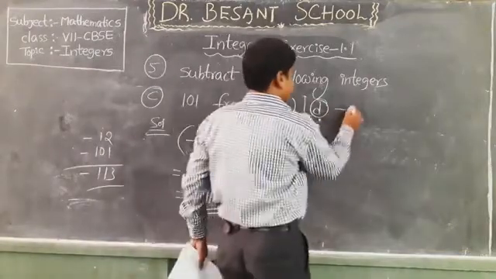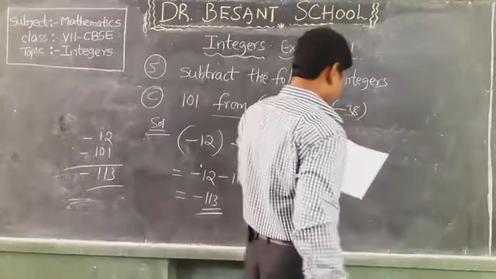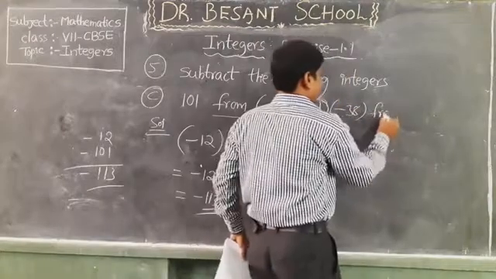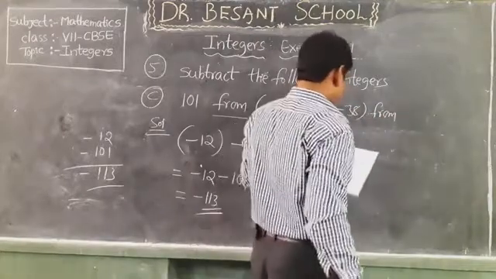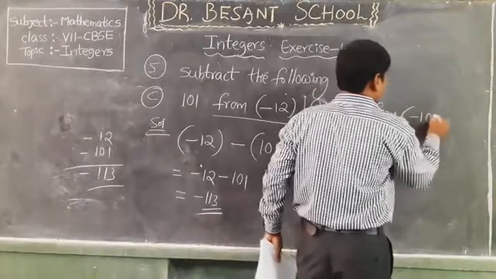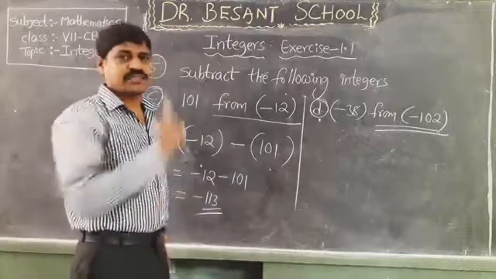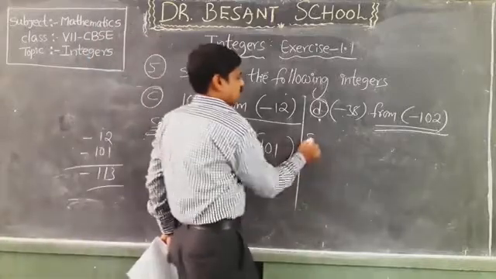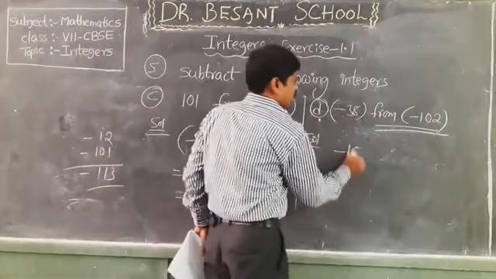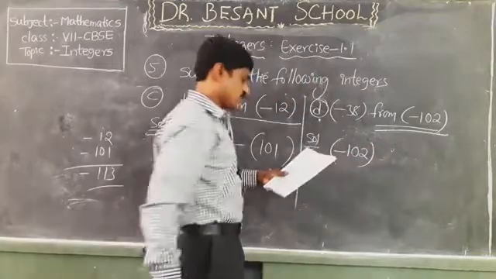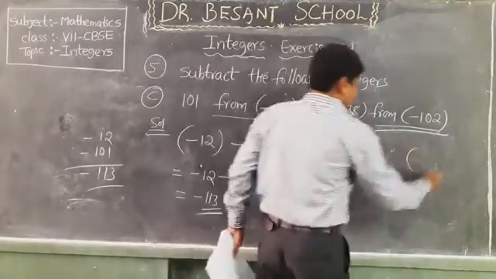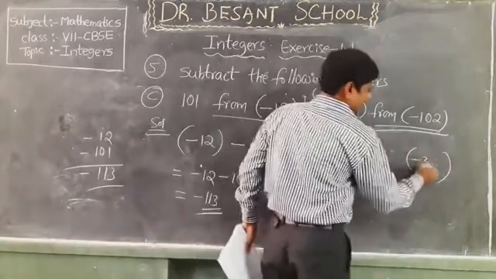Next, D. Minus 38 from minus 102. So what is from minus 102? That one we have to write first. So minus 102. Next, this is minus 38.